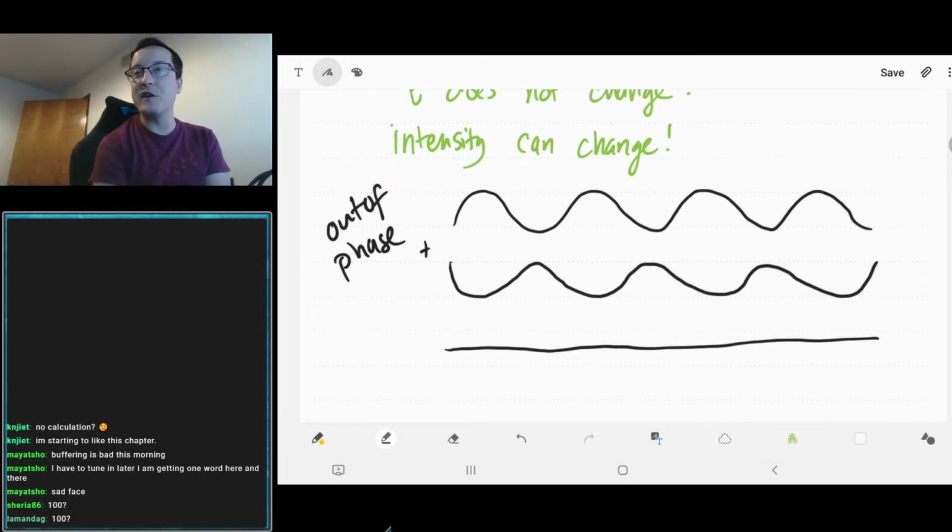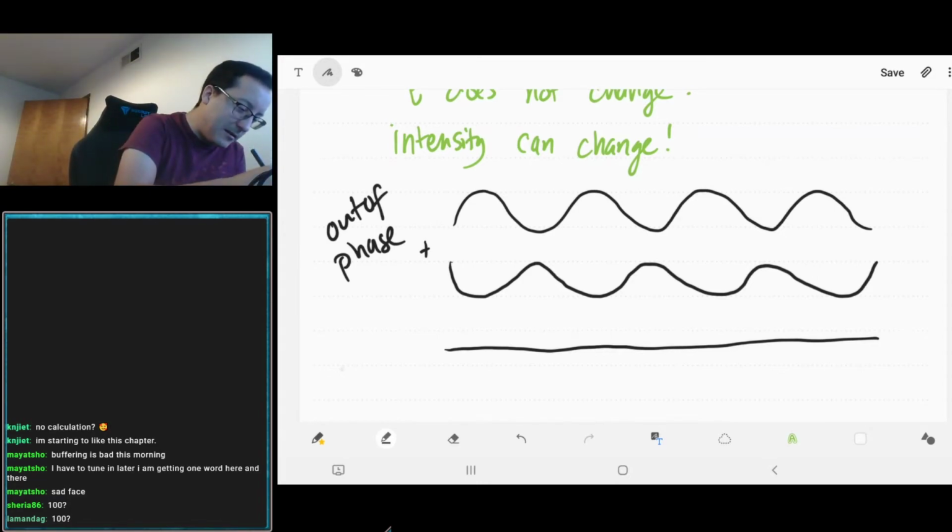If these two waves are perfectly out of phase with each other, with the same wavelength and everything, so that when one of them is at its highest, the other is at its lowest, and we add those two waves together, we're going to end up with nothing.